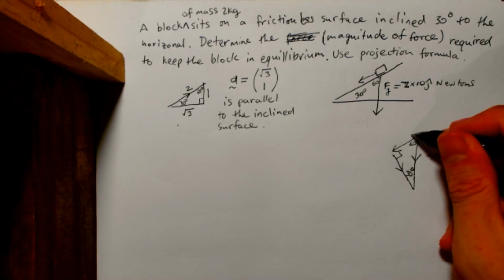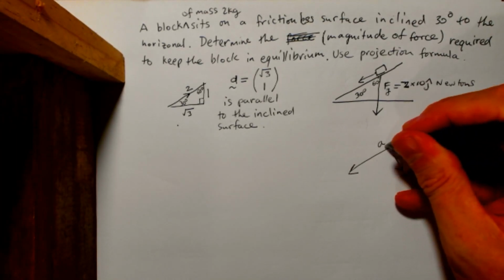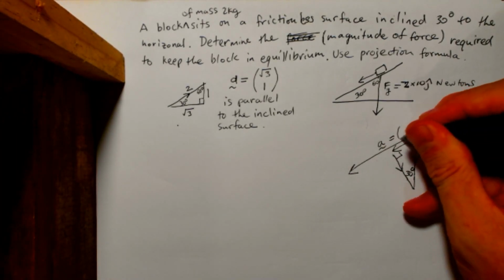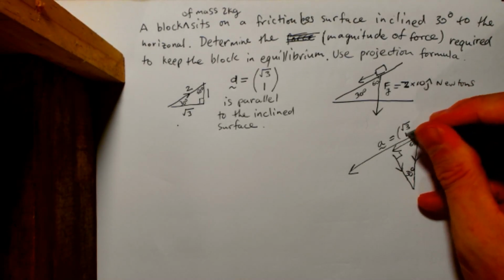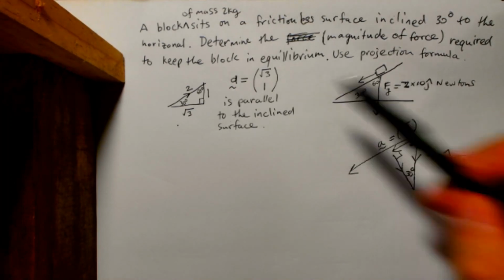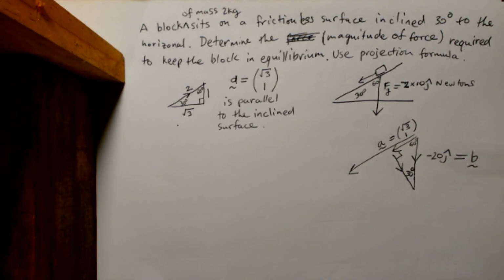And then I have another vector A equal to root 3, 1, that we worked out over here. It's not necessarily this one, but we know it has the same direction as the vector we're after. Okay, so you can see that the projection formula of B onto A is quite relevant here.